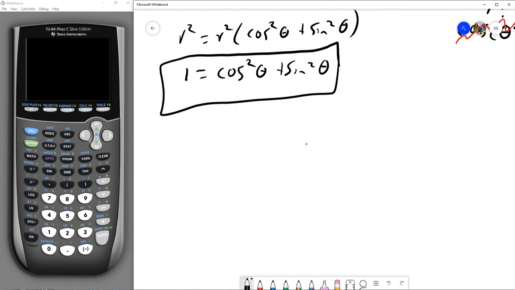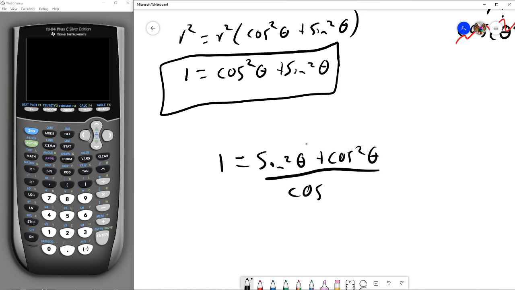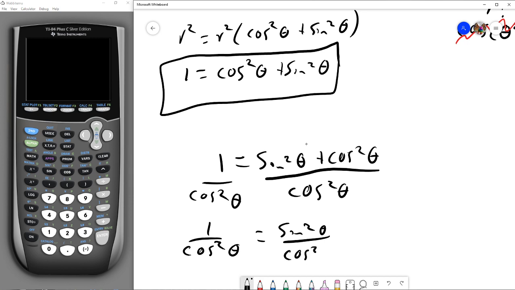Now there are two more Pythagorean identities we can discover. If 1 is equal to sine squared theta plus cosine squared theta, I can divide both sides by, how about cosine squared theta? Why not? So 1 over cosine squared theta is going to equal sine squared theta over cosine squared theta plus cosine squared theta over cosine squared theta.